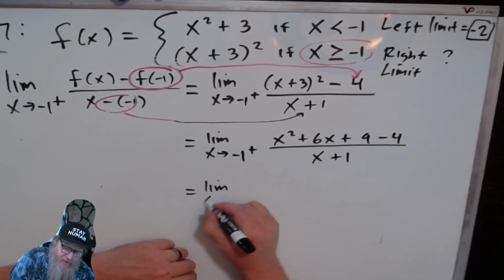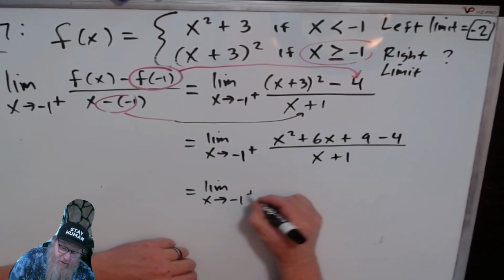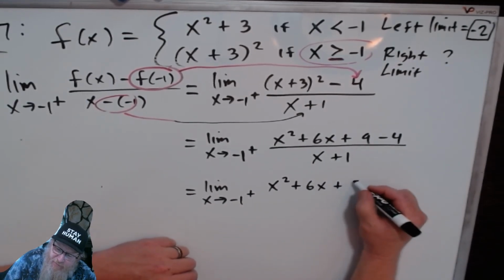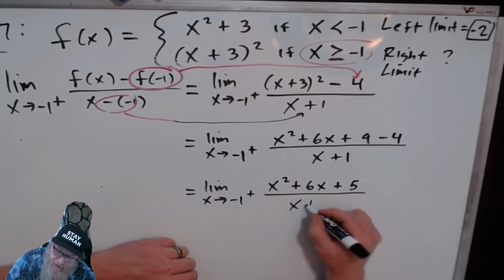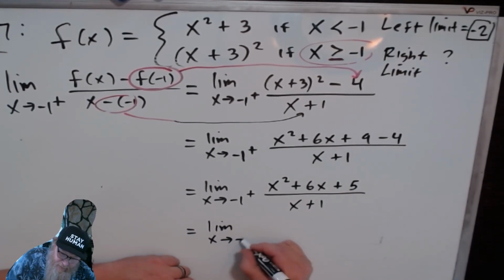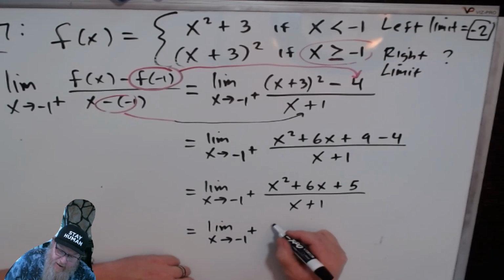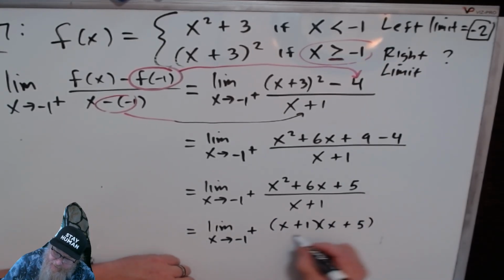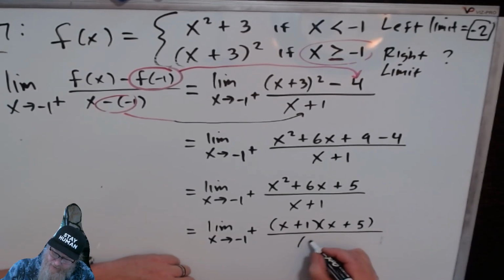So that's the limit as x approaches negative 1 from the right of x squared plus 6x plus 5 over x plus 1. That's the limit as x approaches negative 1 from the right of x plus 1, x plus 5 over x plus 1.